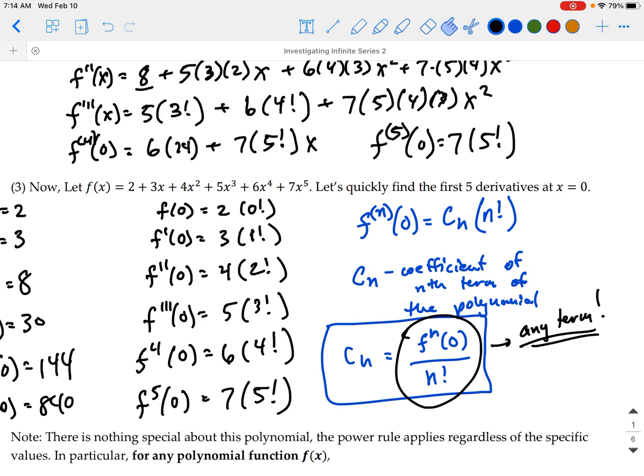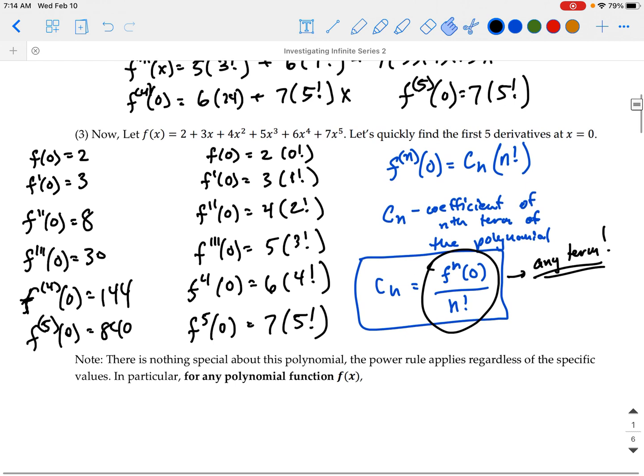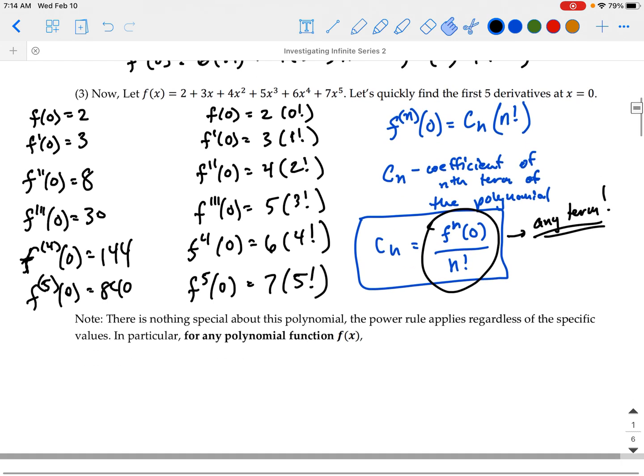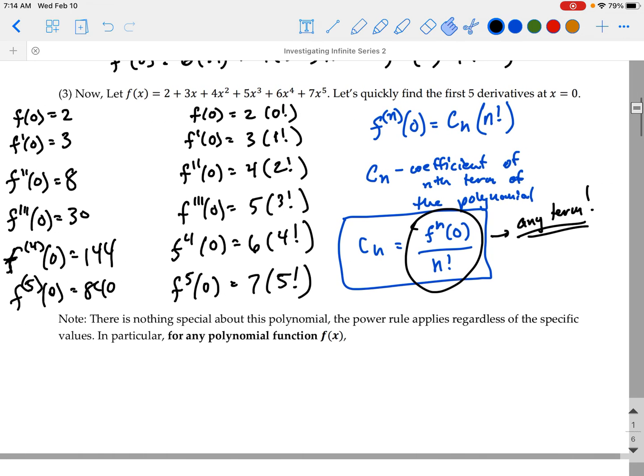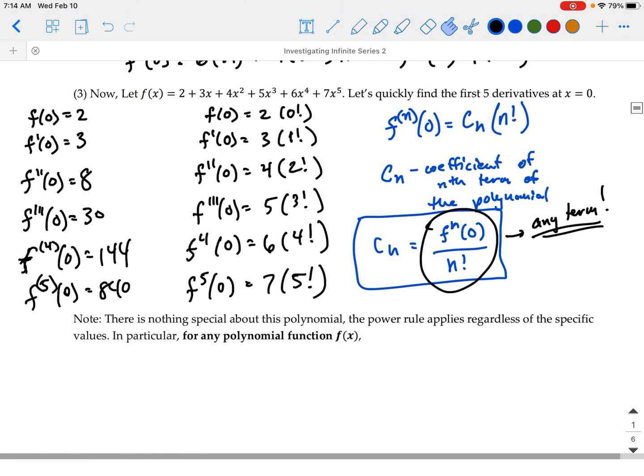And what this means is that every polynomial, which kind of should be obvious, is completely determinable by its derivatives. So as I put down here, there's nothing special about this polynomial, and the power rule applies regardless. Therefore, this is true for every polynomial function.